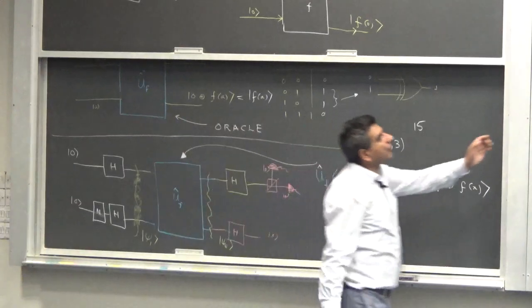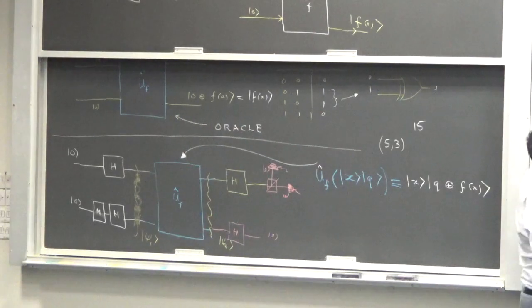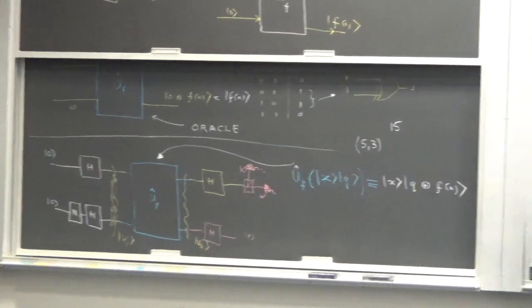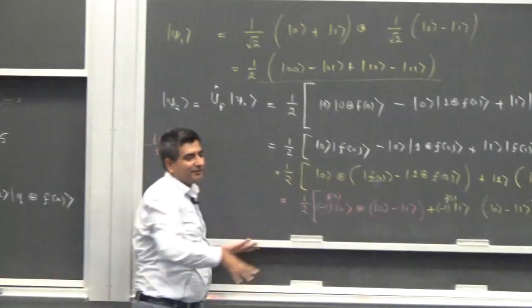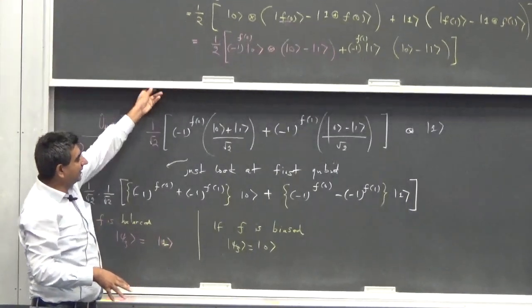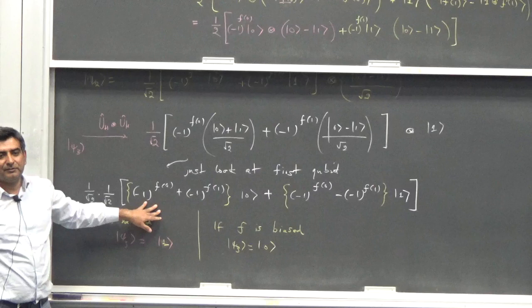So here we started off by creating a relative phase between components of the superposition state. And that relative phase has an impact on final probability outcomes.